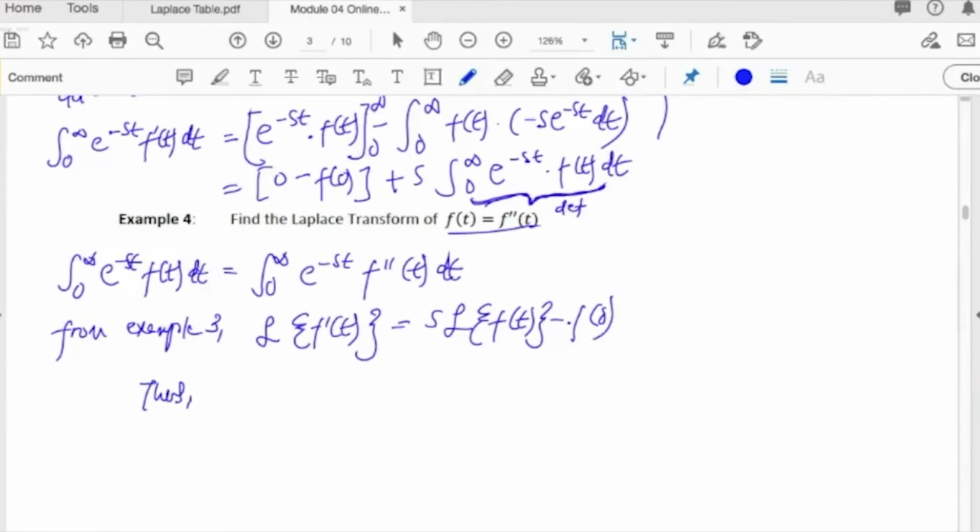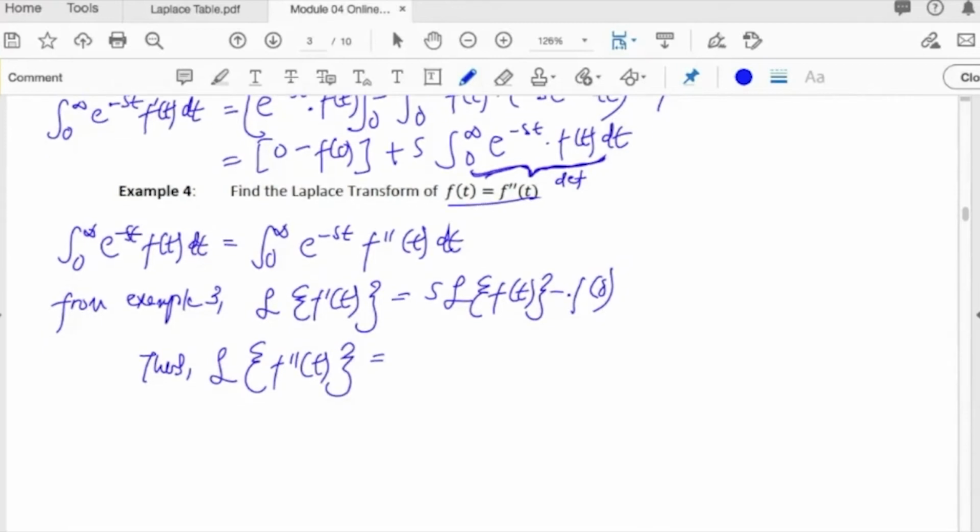Therefore, if we find the Laplace transform of f double prime t, it will be equal to s times the Laplace transform of f prime t minus f prime 0.